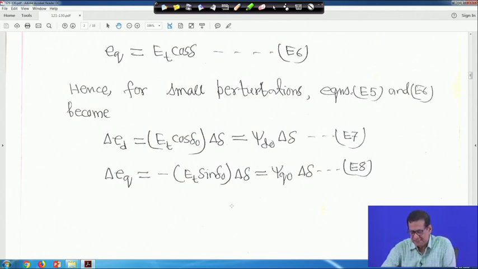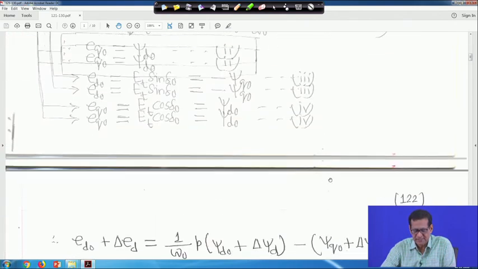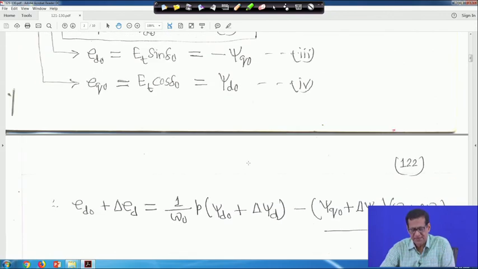We have seen that psi q 0 is equal to minus E t sin delta 0, right. So that is psi q 0 delta. This is equation E 8. Just see that E q 0 is E t cos delta 0 and E d 0 is equal to E t sin delta 0 minus psi q 0, right.